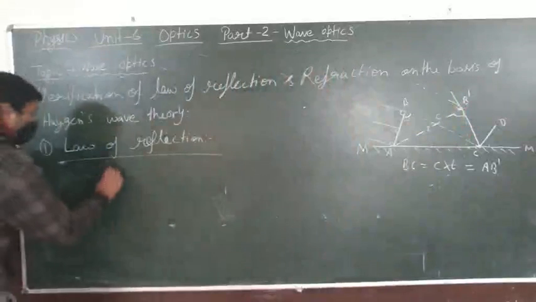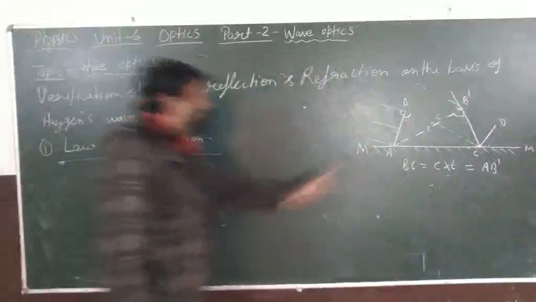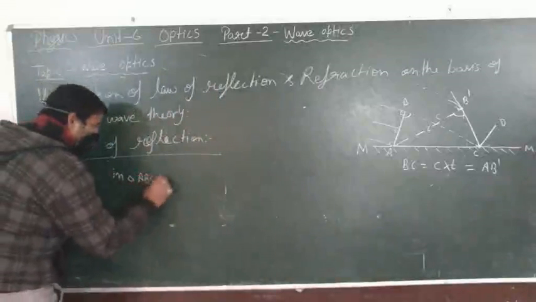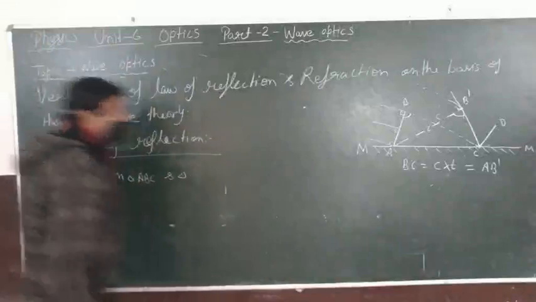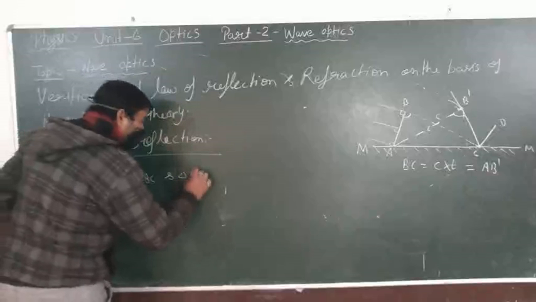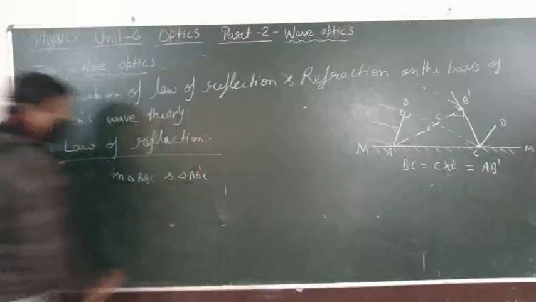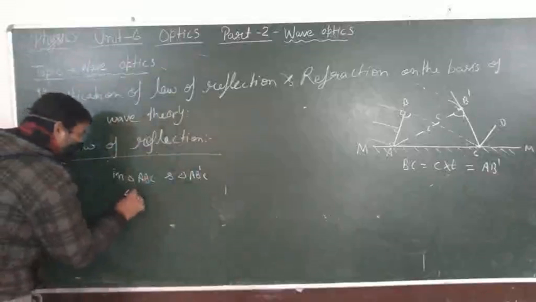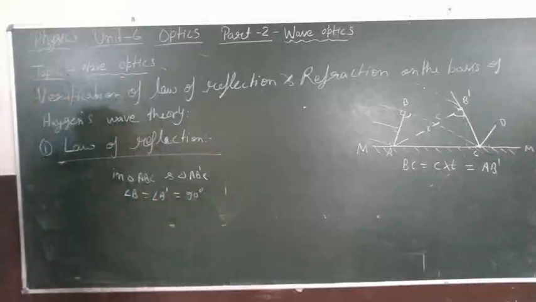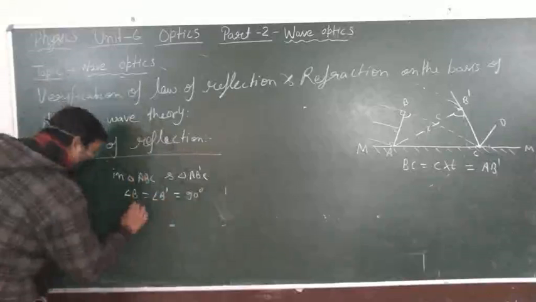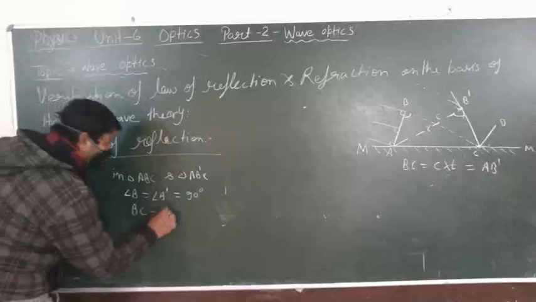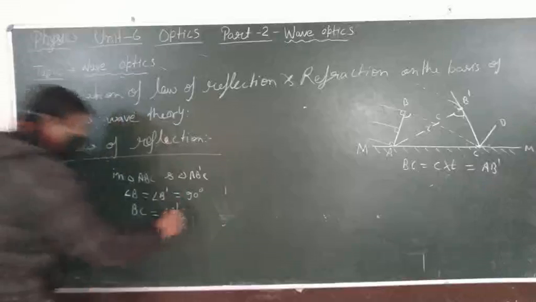Now in triangle ABC and triangle AB dash C, we observe here angle B equals angle B dash equals 90 degrees. Second, BC equals AB dash, by construction.